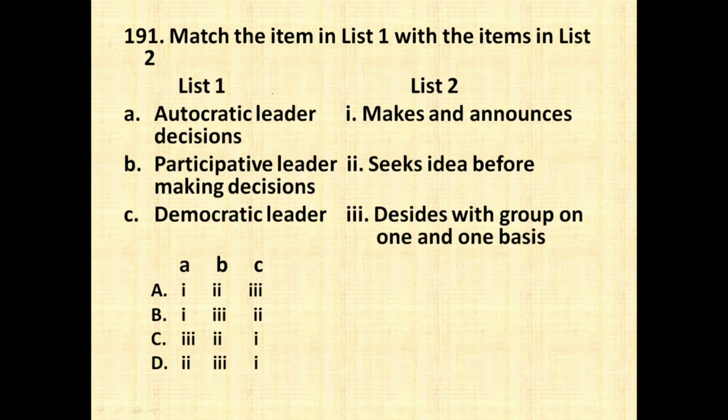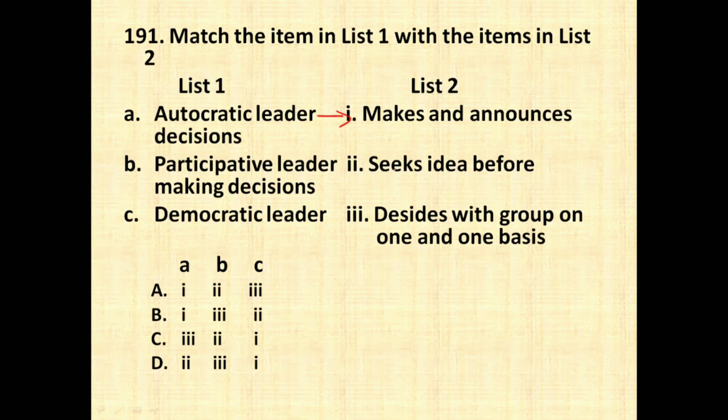Next is match the following type of question. 3 types of leaders have been given and the features of those leaders have been given. Autocratic leader makes announcement and decisions, seeks idea before decide with the group on one-to-one basis. So autocratic leader is a leader who makes and announces the decision. He does not ask any of his team leader, just announces whatever he feels like.